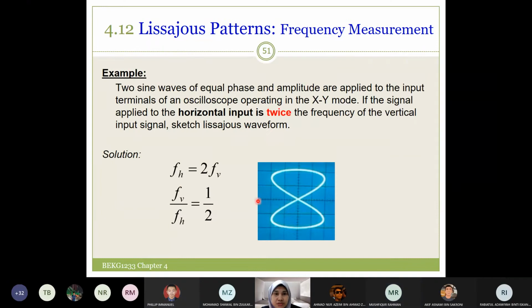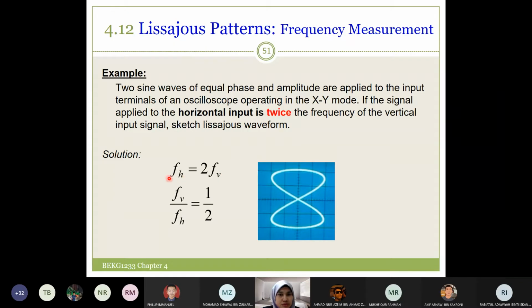Okay, two sine waves of equal phase and magnitude are applied to the input terminals of an oscilloscope operating in XY mode for Lissajous pattern. If the signal applied to the horizontal input is twice the frequency of the vertical input, sketch the Lissajous pattern. So FH is equal to 2 FV.